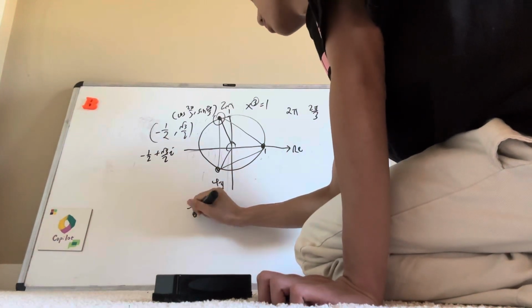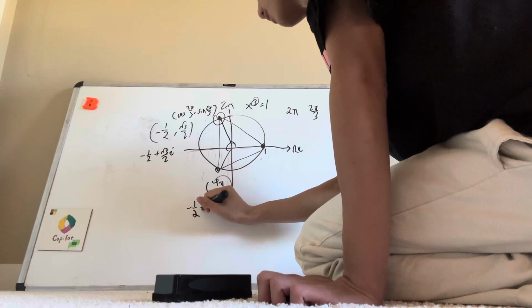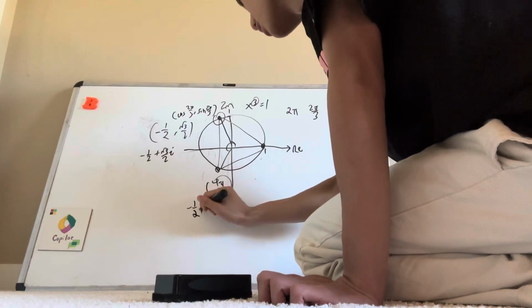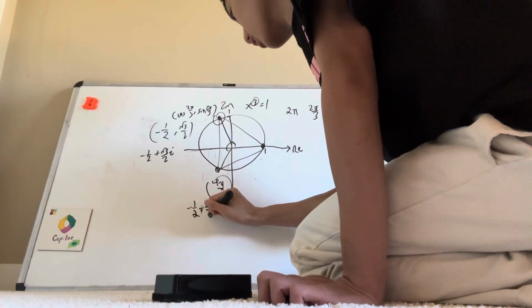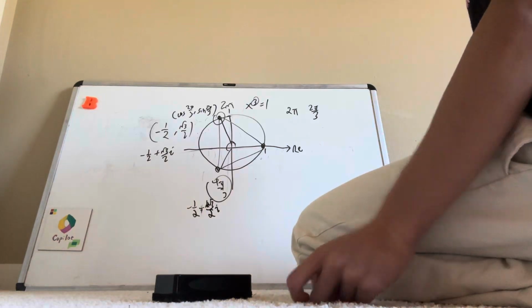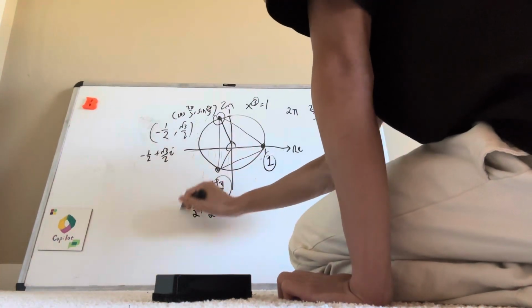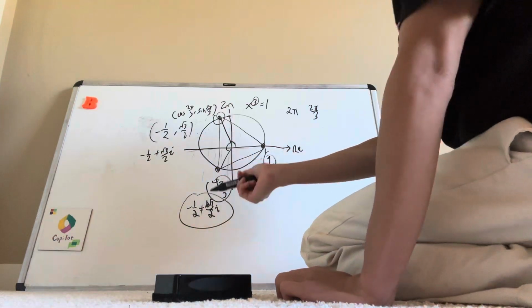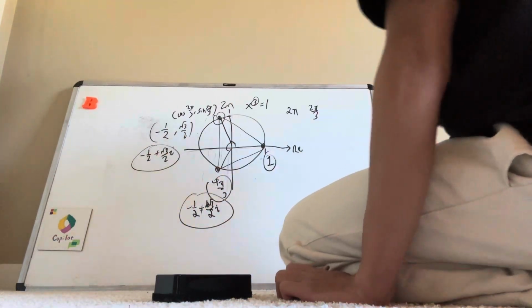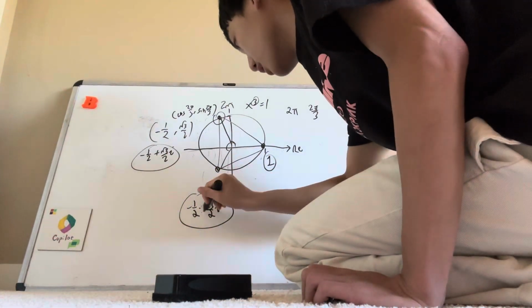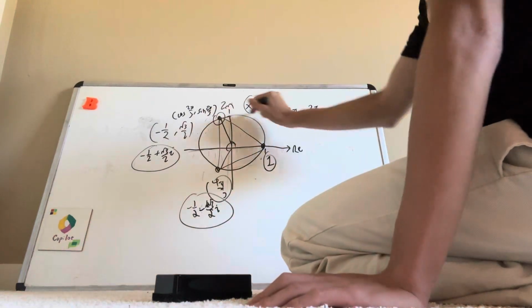Similarly, this point will be negative 1/2 minus square root of 3 over 2 i. So we have 1, negative 1/2 plus square root of 3 over 2 i, and negative 1/2 minus square root of 3 over 2 i. Those are our three answers to x cubed equals 1.